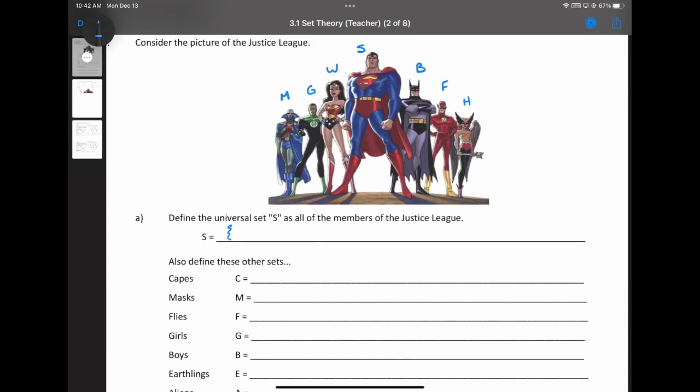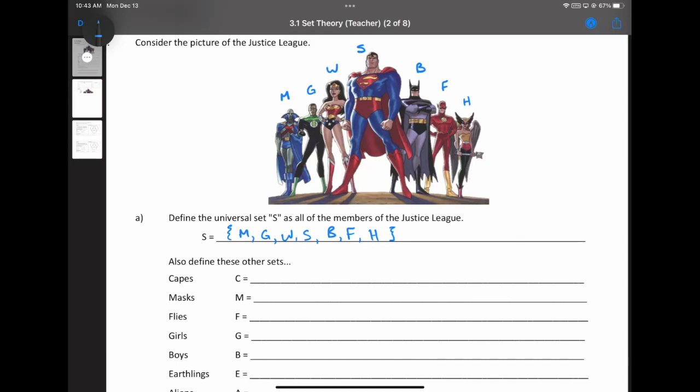And then we're just going to list all the elements in our set. And just for ease of consistency, we're always going to go from left to right-hand side. So I'm just going to do M, G, W, S, B, F, H. And therefore listing all of the elements in our universal set.